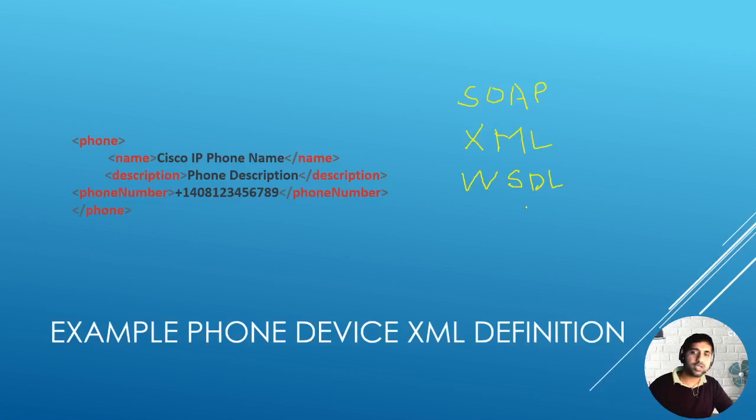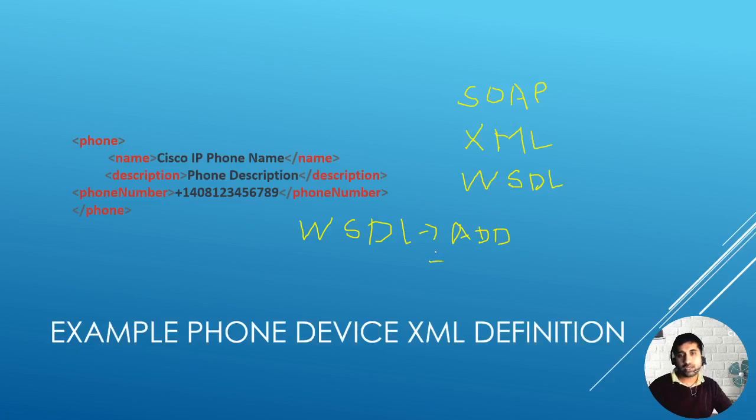So in short, what WSDL does is it will not provide a mechanism, but it will say what are the possible things that you could do with these schema definitions or with the APIs. What are the possible requests that you could send? So maybe WSDL will say, okay, you can add a phone using the XML schema definition.